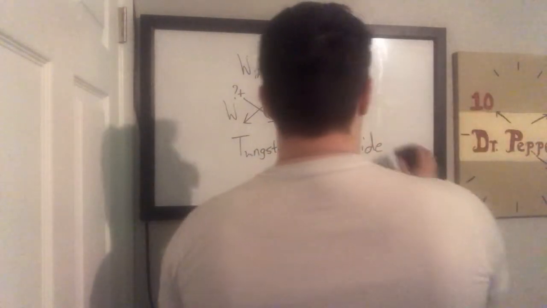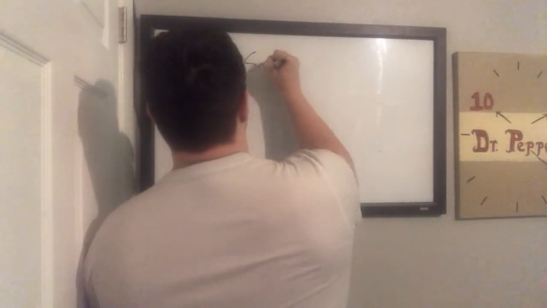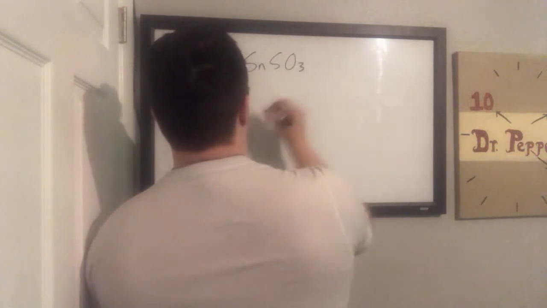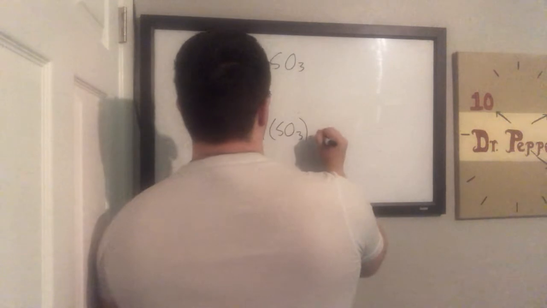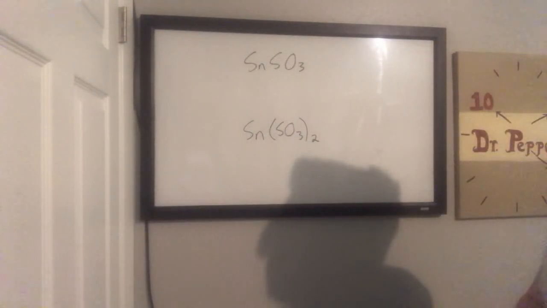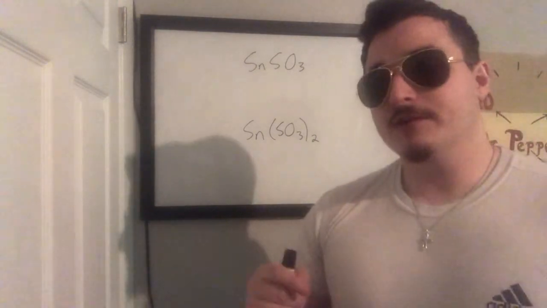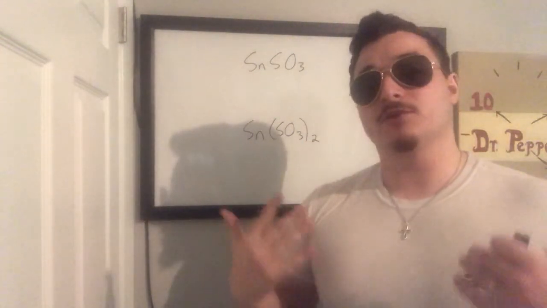So let's take a look at our first two examples then that are involving the element tin. So we've got SnSO3 and SnSO3-2. Like so. Okay? There is going to be a difference in their names, and that's because this is not the same chemical. And that's why we need those Roman numerals.